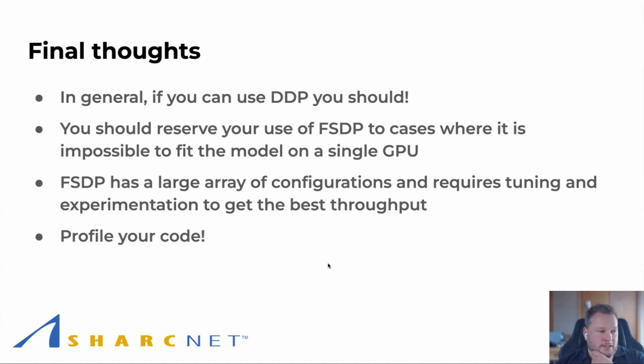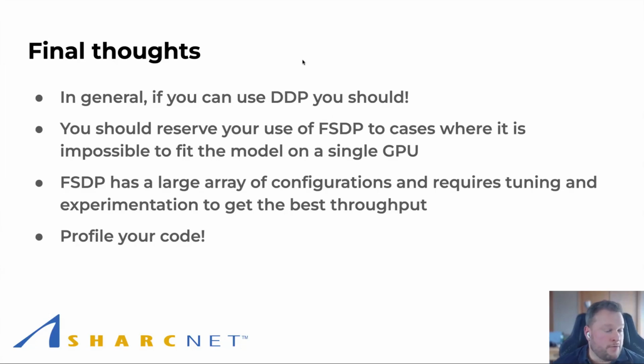Last thing I'll say is profile your code. If you don't profile your code, you won't know what's going on. You won't be able to see how DDP is helping you, or how you can optimize your training workflows better. With FSDP, it's essential for understanding the trade-off you're getting between memory and communication.